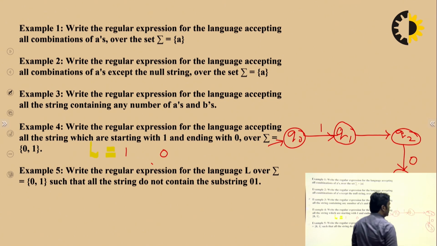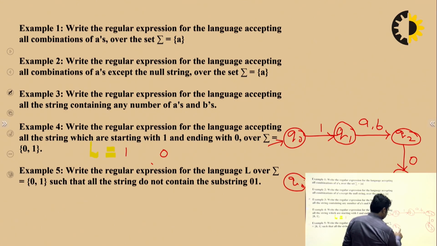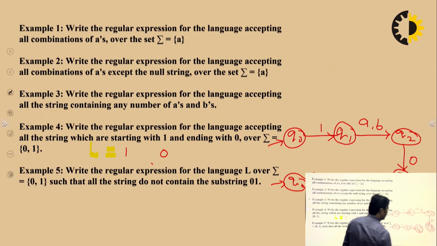And in between, any combination of A or B occurs. So we can write it here as A comma B. If we consider it Q2, this is the final state, and end with 0. So similarly this will be written as A comma B.